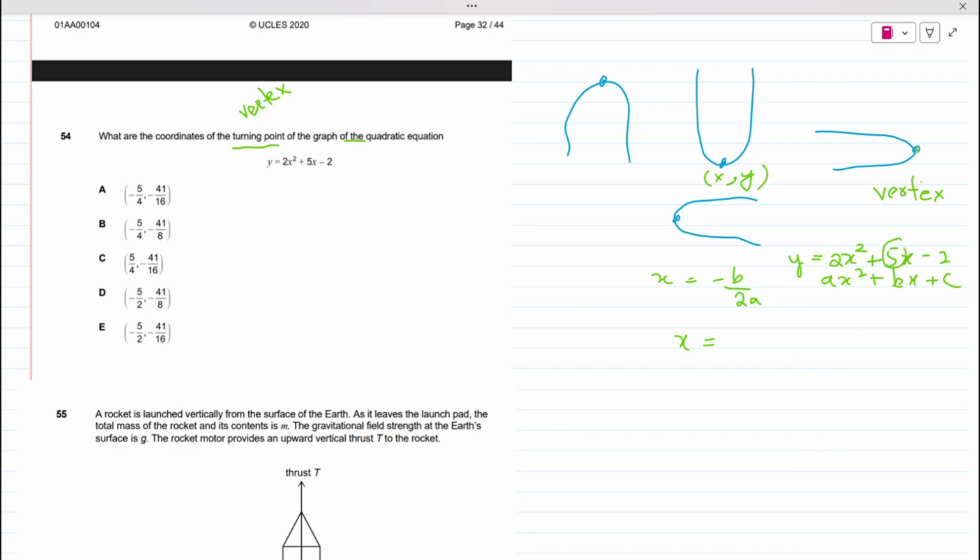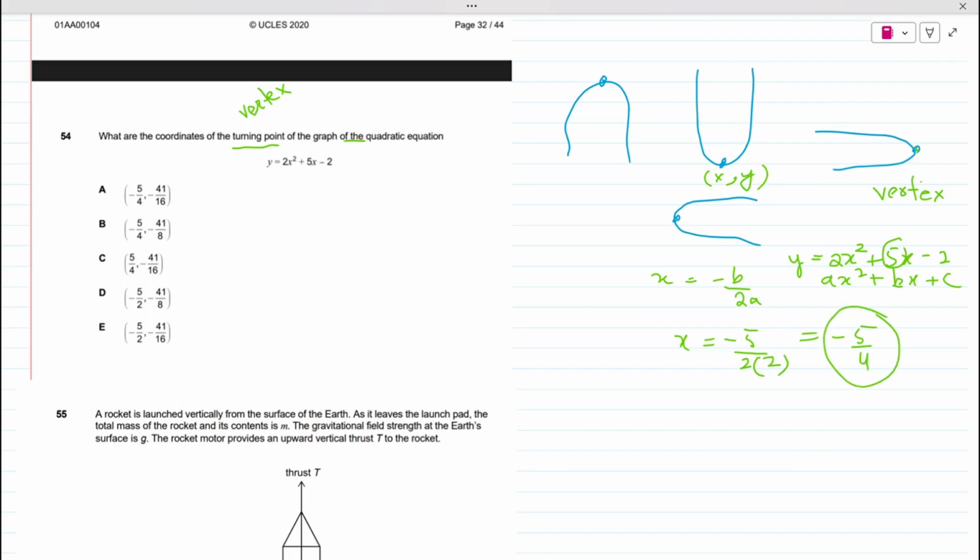So minus 5, divided by 2a. What is 2a? a is 2, so 2 into 2 is 4. So it's minus 5 upon 4. So the x coordinate is now with us.